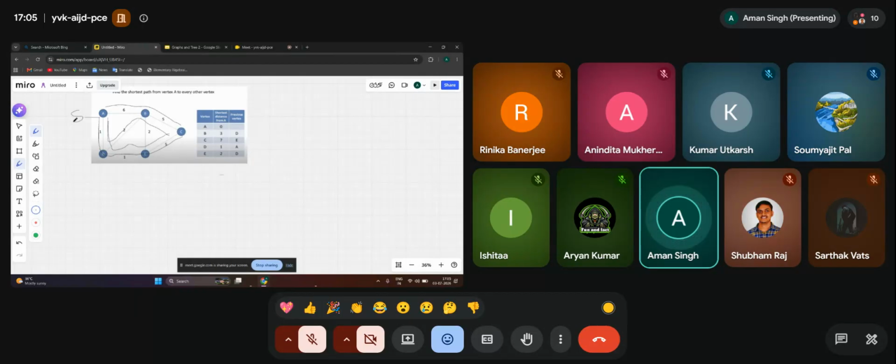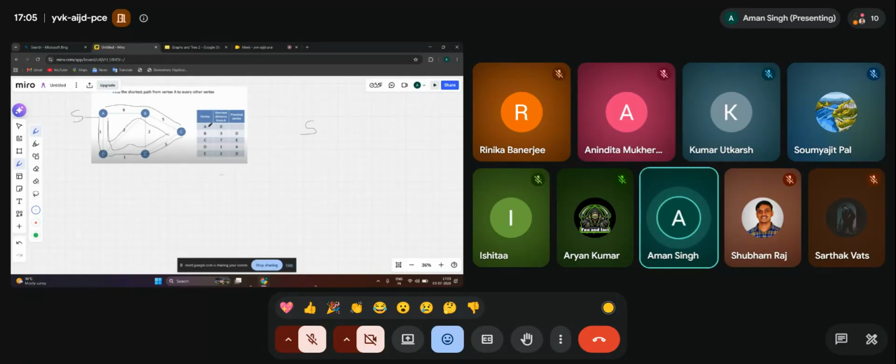We are trying to find the minimum distance from the source node to every other node: to D, to B, to E, and to C. So we will be given a source node S, and we need to return the minimum distance from the source node to all the other nodes.